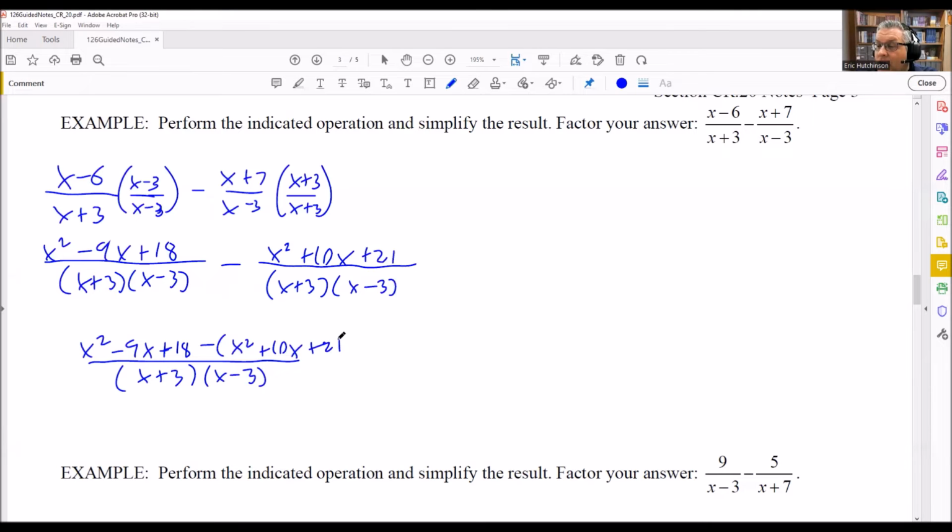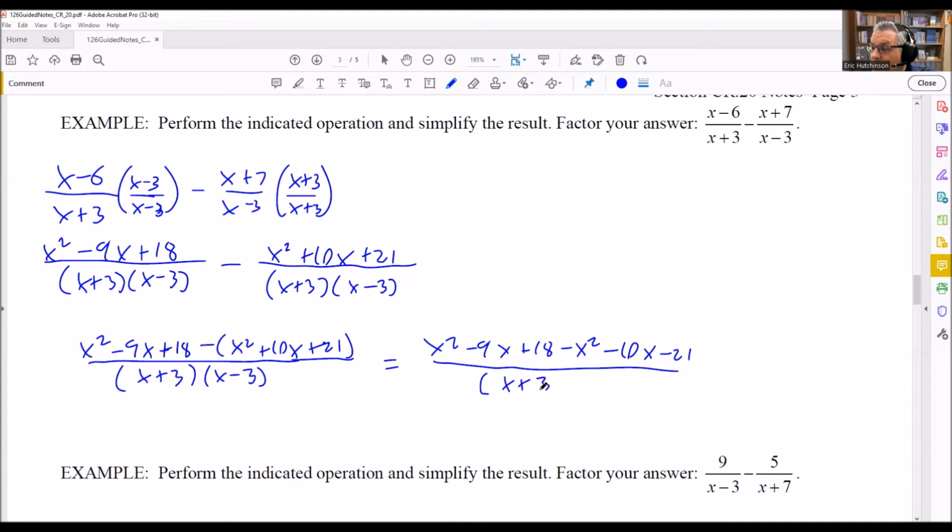So that's one thing you have to be careful about when you do these kinds of problems. Subtraction means you're subtracting everything, which means I need to distribute the minus sign on the top here. So I'm going to have minus x squared, minus 10x, minus 21.